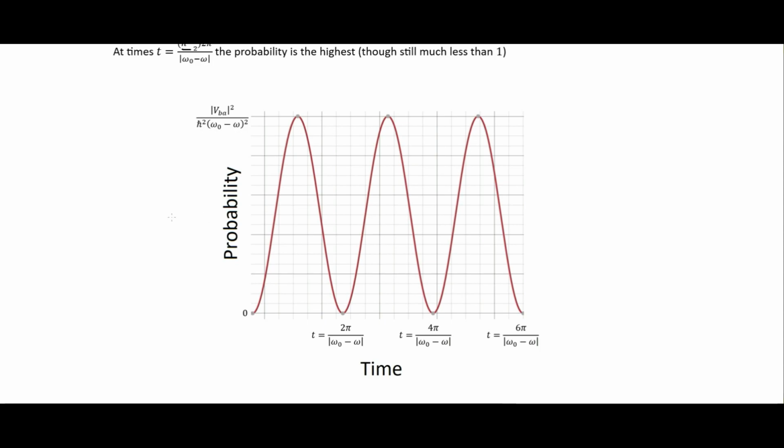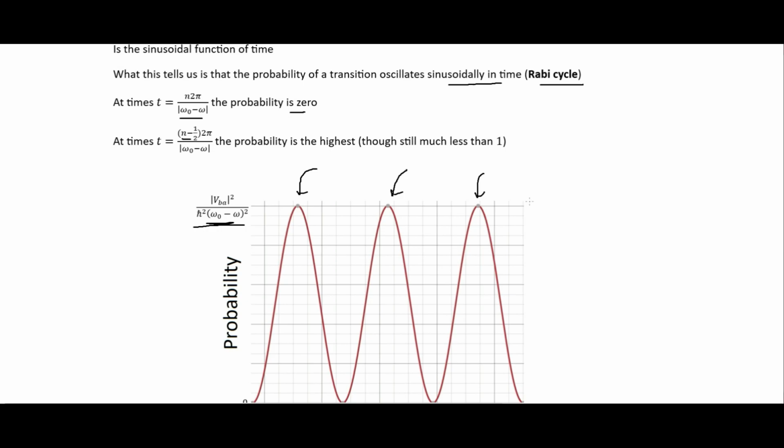So we have our probability on the y-axis, where the maximum will be this right here, the amplitude. And then we can see here at these times that we have the probability of 0, where right here the probability is equal to this right here.